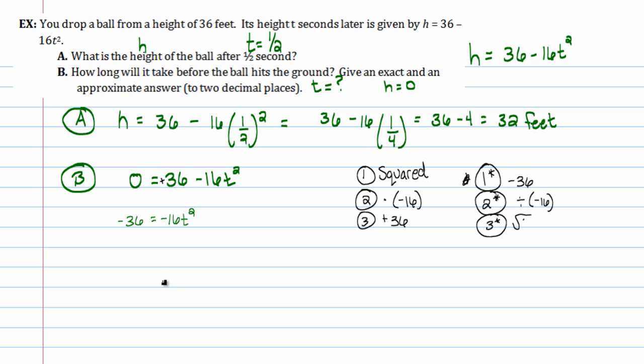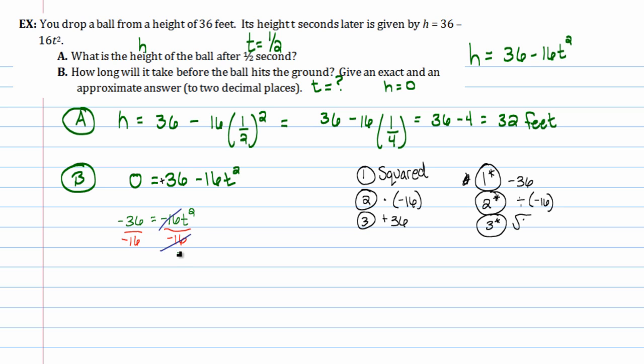And then I'll divide both sides by a negative 16. On the right-hand side, the negative 16s cancel out nicely, so you get a nice t squared.